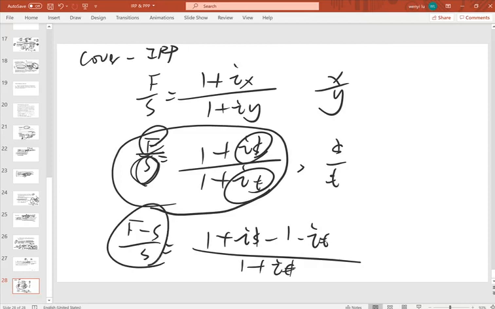So this is the change of exchange rate, and this one is the difference between the interest rates.